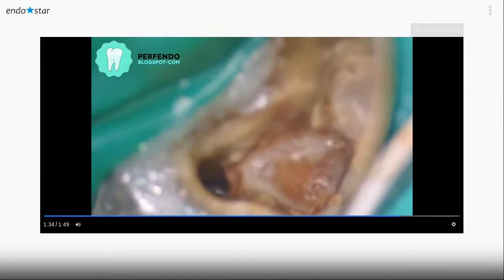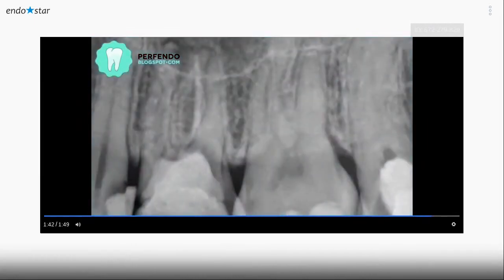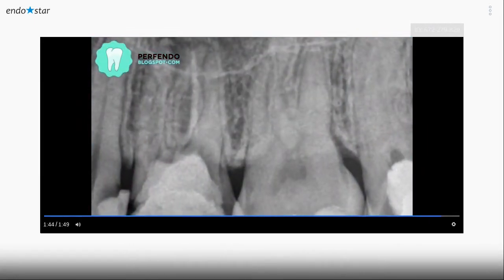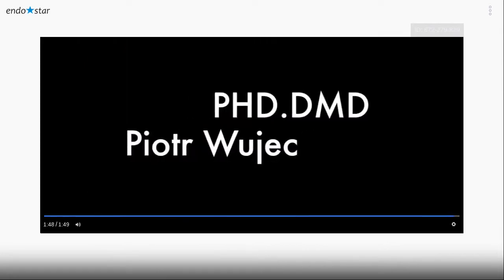That's why we cannot show the patient the trophy of the broken instrument that we removed. We can just confirm with the X-ray that the canal is empty and there is no broken instrument anymore inside the canal.